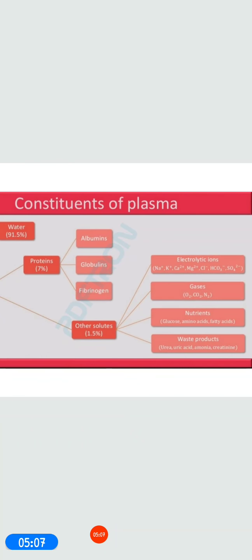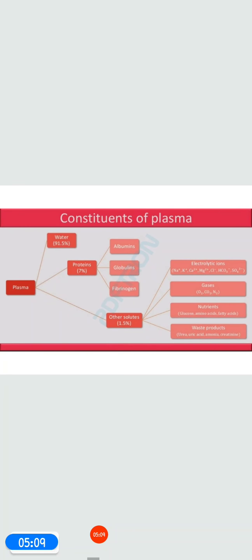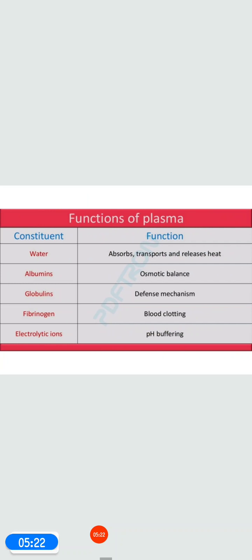These are the constituents of plasma, which contain 91.5% water, 7% protein, and 1.5% other solutes. Now I come to the function of plasma. Plasma contains water, albumins, globulins, fibrinogen, and electrolyte ions.